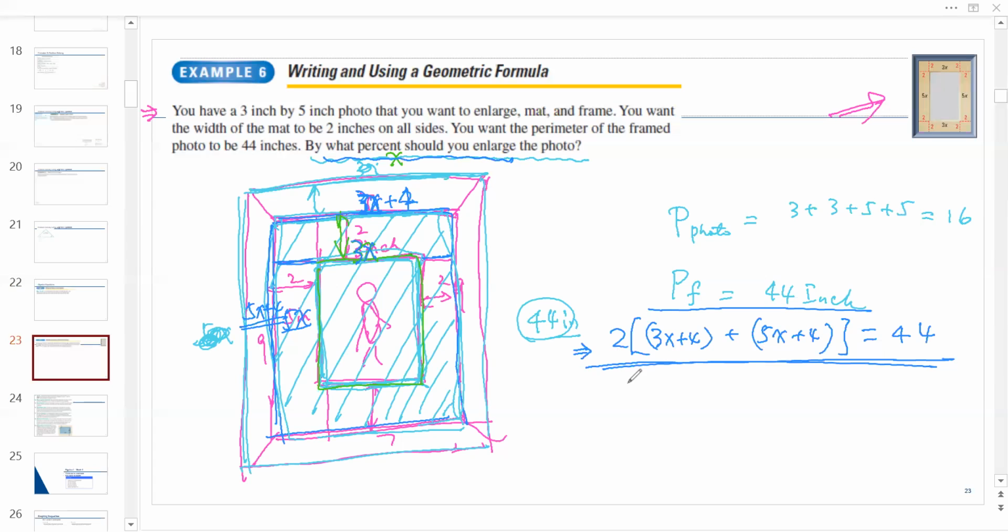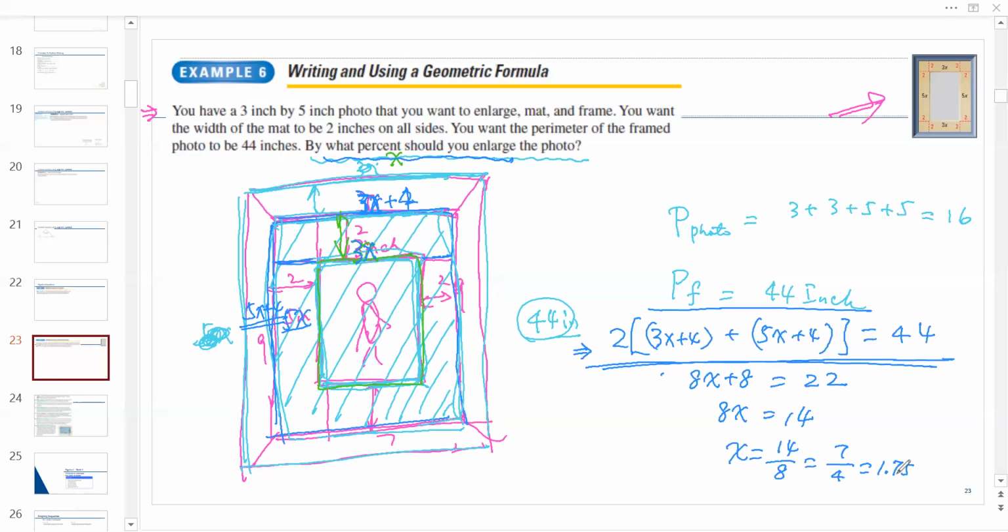So what's next? We combine this first, right? So we get 8x plus 8. Here became what? 22, right? So 8x equals what? 14, subtracting 8 from both sides. So x equals 14 over 8, which equals 7 over 4, so 1.75.